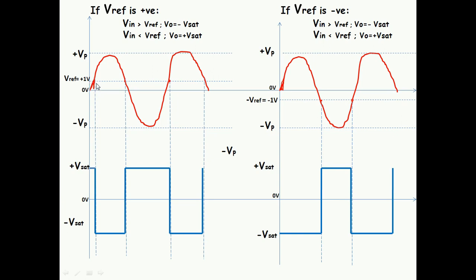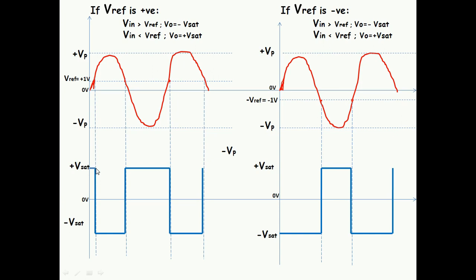When Vin is less than V reference, it becomes more positive, because negative to negative, it becomes more positive compared to this. I repeat, when Vin becomes less than V reference, then Vout will be plus V saturation.